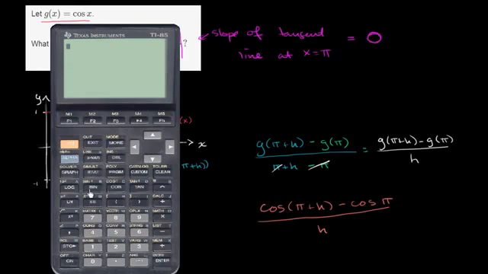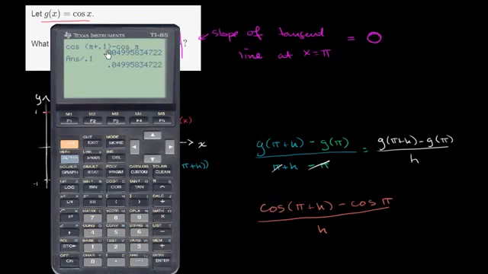Now let me take cosine of pi plus a reasonably small h, 0.1, minus cosine of pi. That's the numerator. And then let me divide that by the same h, by 0.1. So this is just my previous answer divided by 0.1. So I get 0.04.